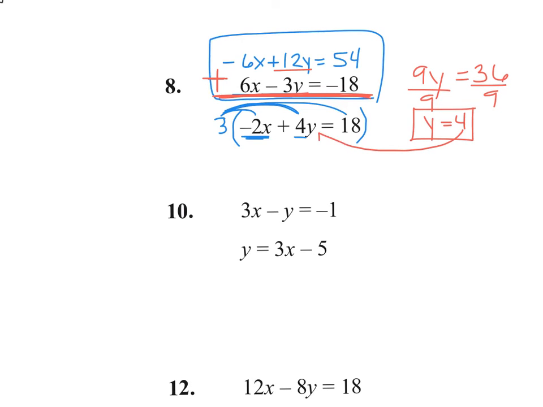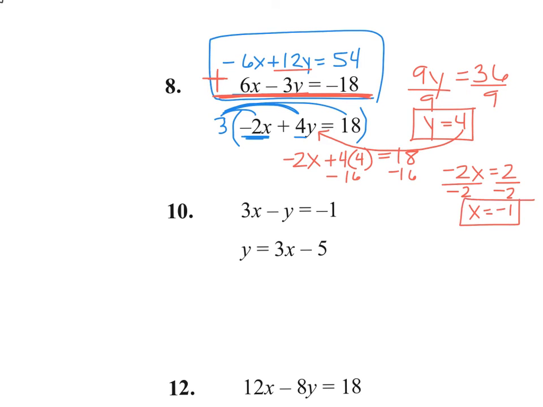I would plug it in right here. So it's negative 2x plus 4 times 4, so plus 16, equals 18. Well, if we take away the 16 here, I get negative 2x equals 2. Divide by negative 2, and x will be negative 1. So that means my answer is the point negative 1, 4.